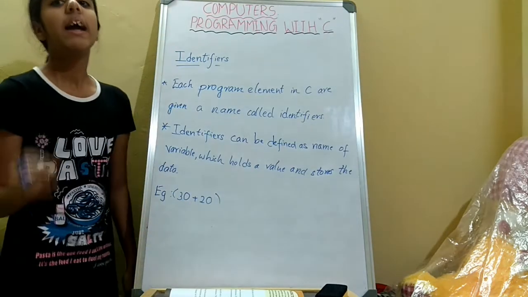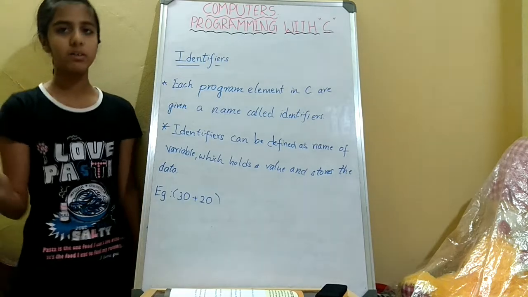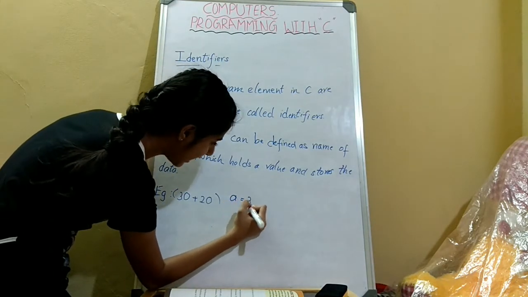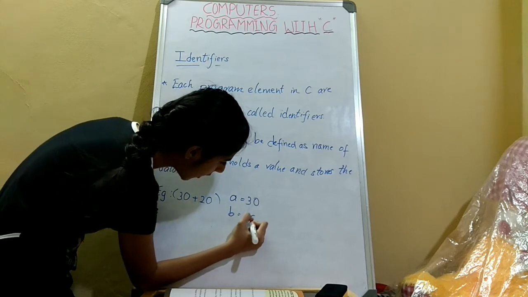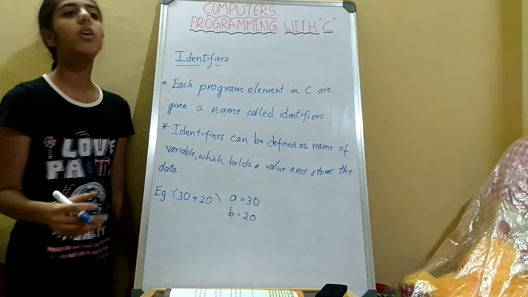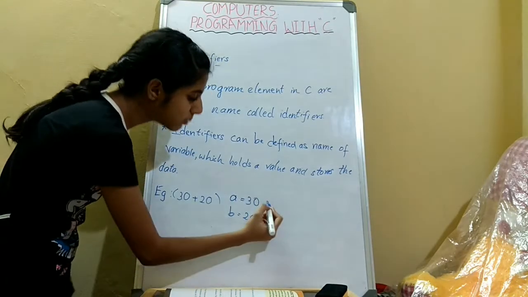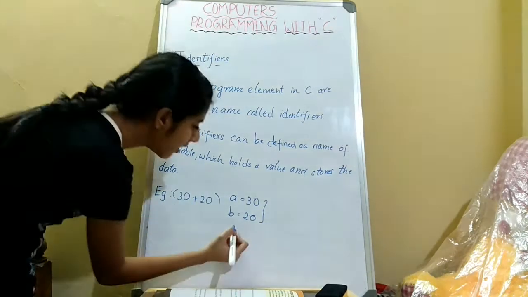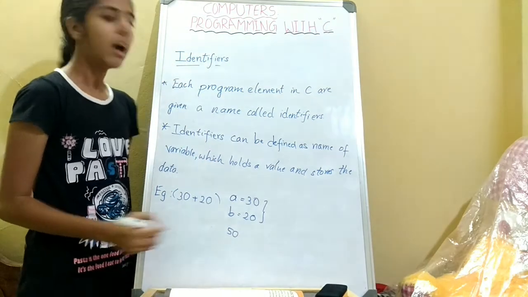Suppose we can use A to Z, small and capital. You should keep A equals 30, B equals 20. And in the program you should write A plus B so that it adds both. So you will get the answer as 50.